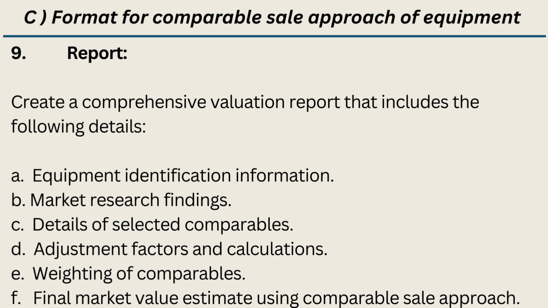A. Equipment identification information. B. Market research findings. C. Details of selected comparables. D. Adjustment factors and calculations. E. Weighting of comparables. F. Final market value estimate using the comparable sale approach.